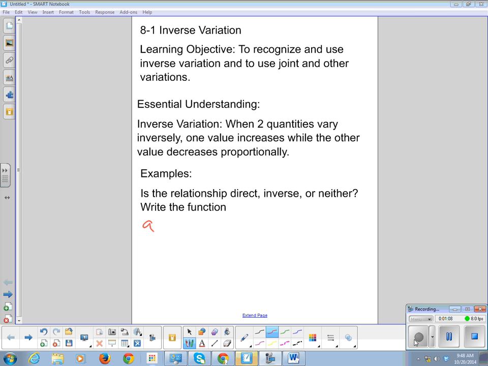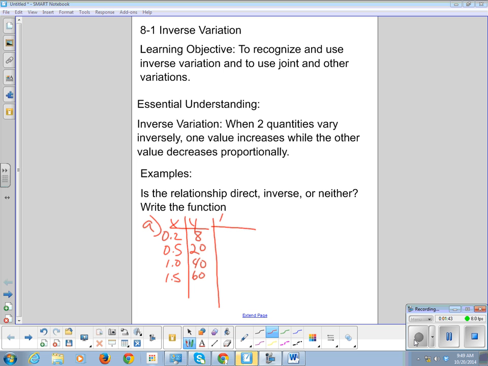So for our first item, the XY table is 0.2, 8, 0.5, and 20, 1.0 and 40, 1.5 and 60. To tell if it's an inverse variation, I'm going to do that first because it's the easiest and I'm a fan of easy.